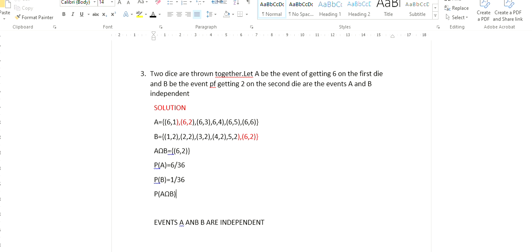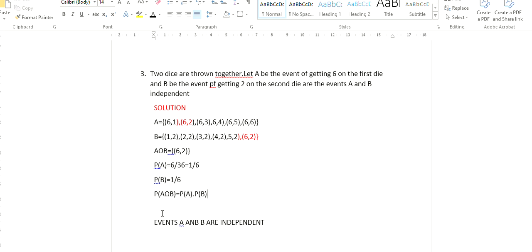So A is 6 by 36, that is 1 divided by 6, and B is also 1 divided by 6. The probability of A intersection B is 1 divided by 36. The formula to prove the events are independent is probability of A into probability of B.